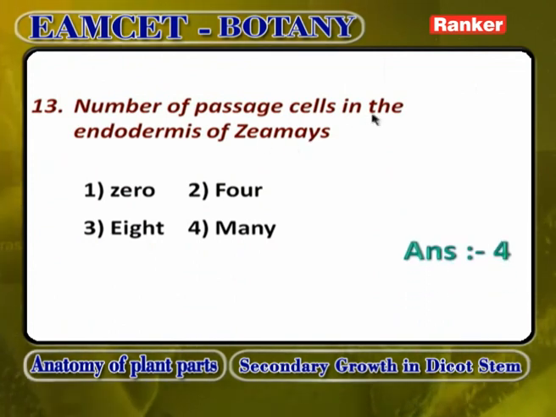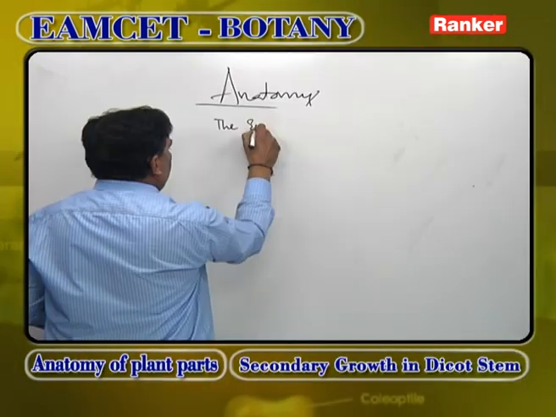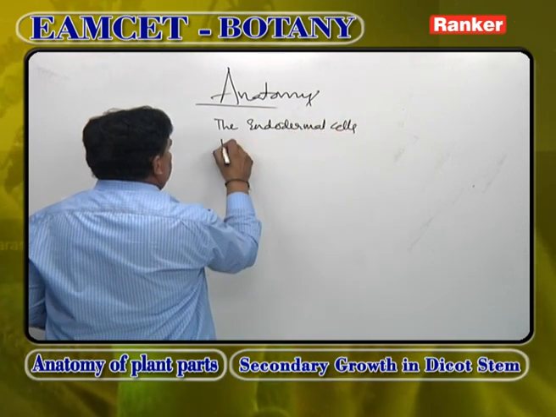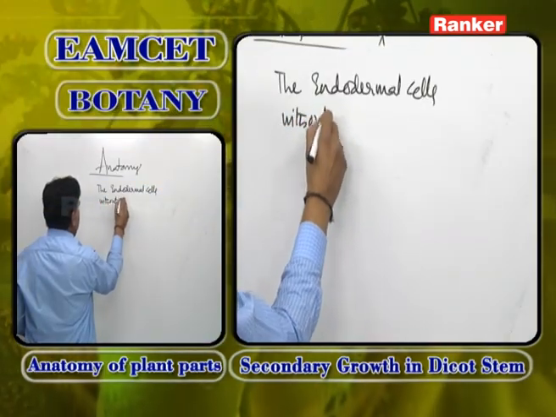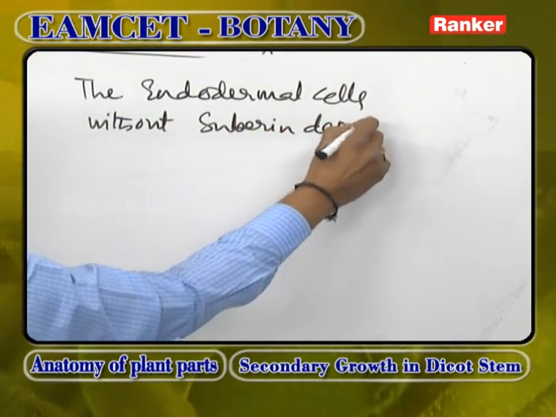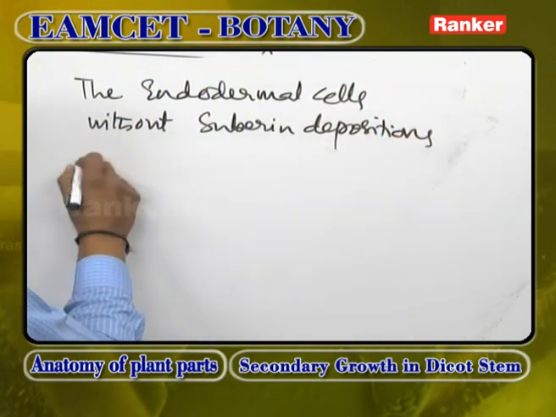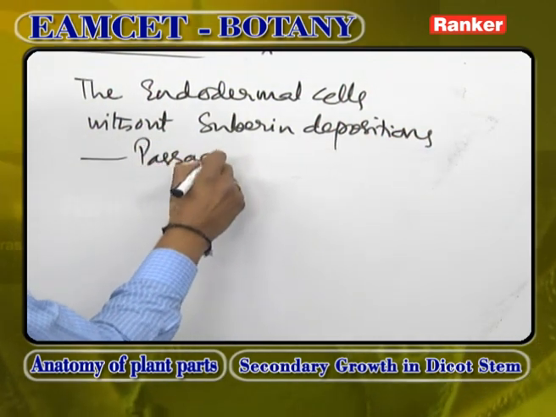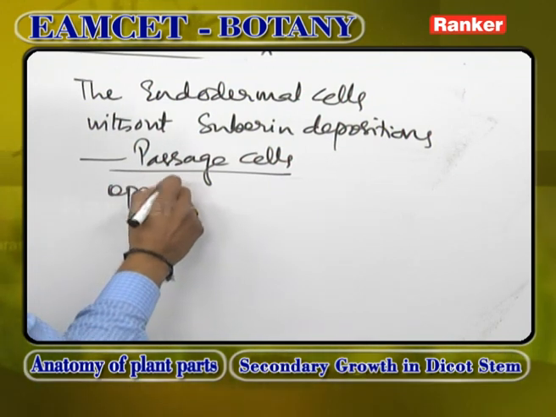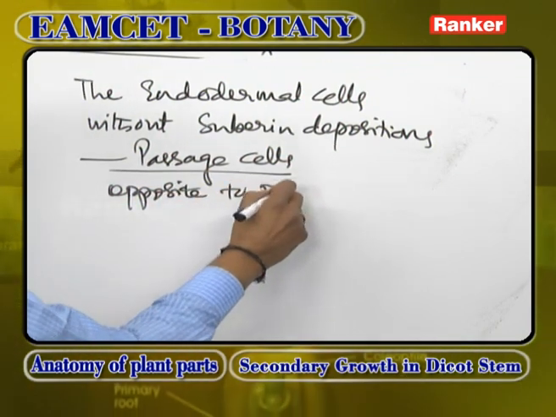Number of passage cells in the endodermis of Zea mays. What are passage cells? The endodermal cells without suberin depositions are passage cells. These passage cells are present opposite to protoxylem.